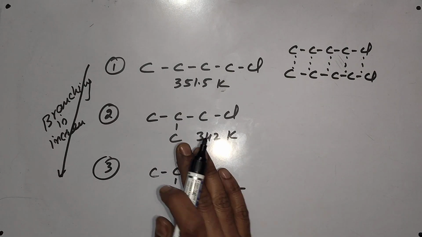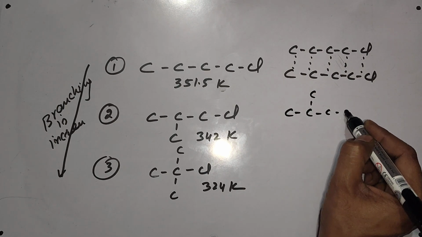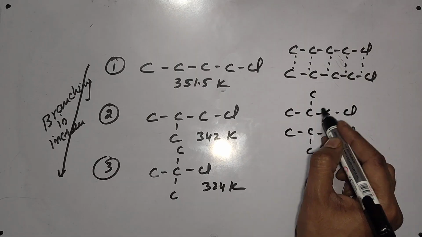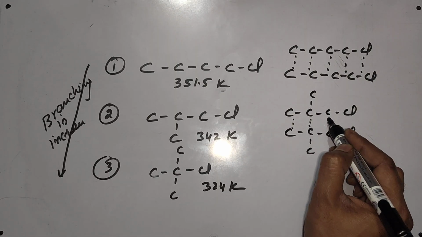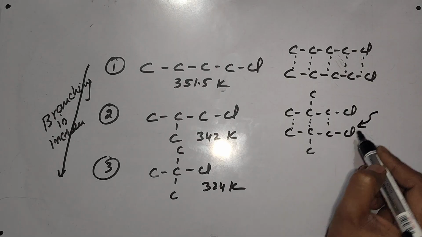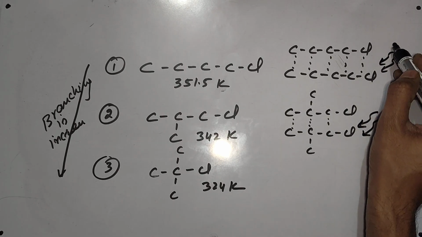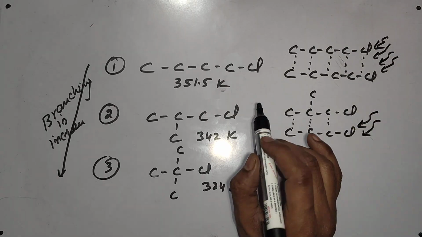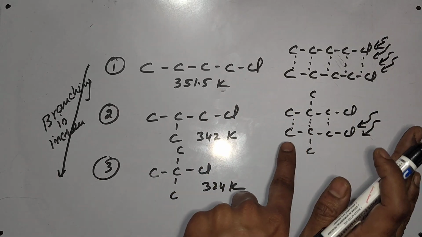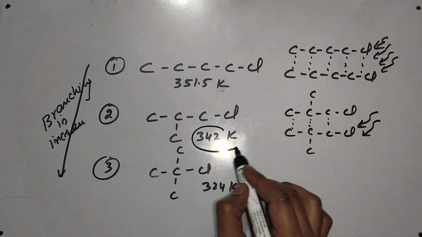Due to less surface area, the molecules will have less van der Waals force of attraction, which we can break by providing just a little heat energy. Here we require a very high amount of heat energy, which is why the boiling point is very high. But to separate these, we require much less heat energy as compared to this. That's why the boiling point is less.